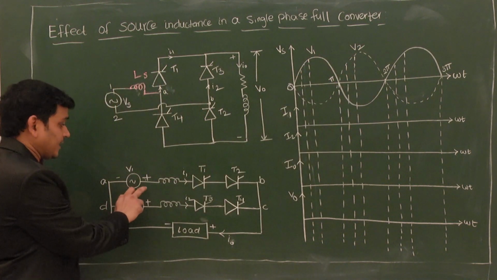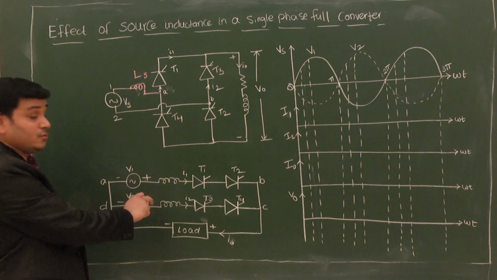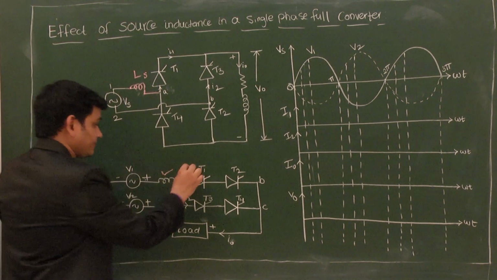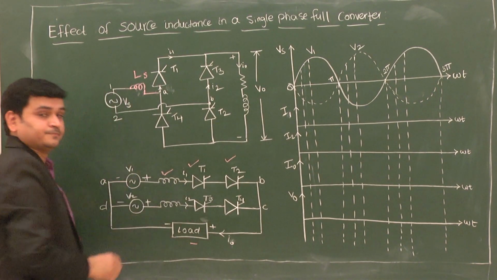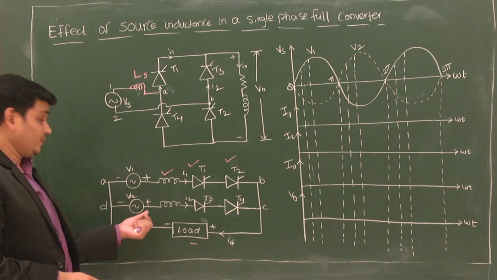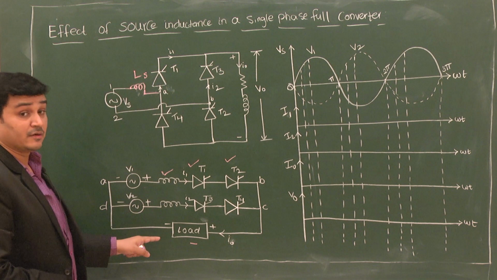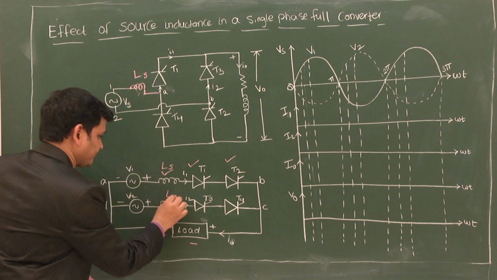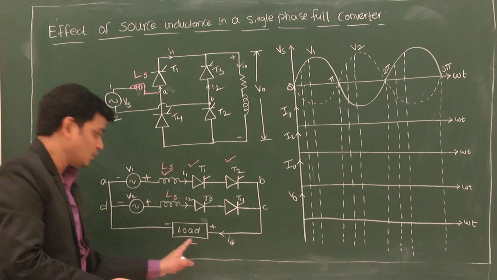When the terminal of V1 is positive, the current flows through the inductor, thyristor T1, thyristor T2, and the load. When terminal 2 is positive, the current flows through the inductor LS, thyristors T3, T4, and the load.